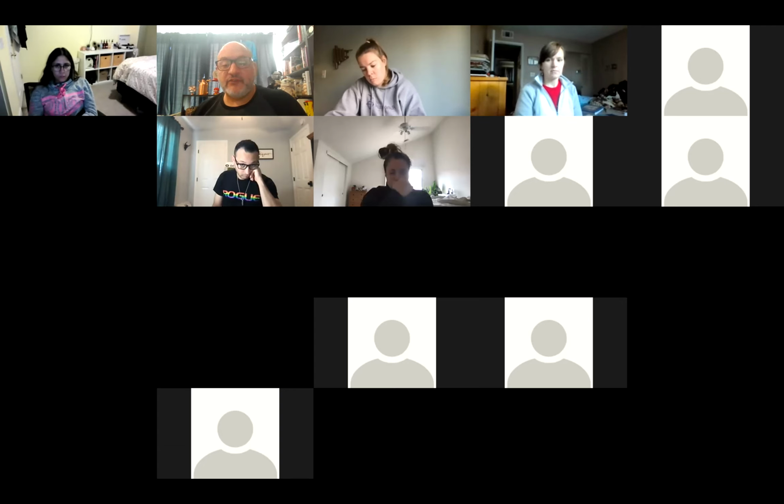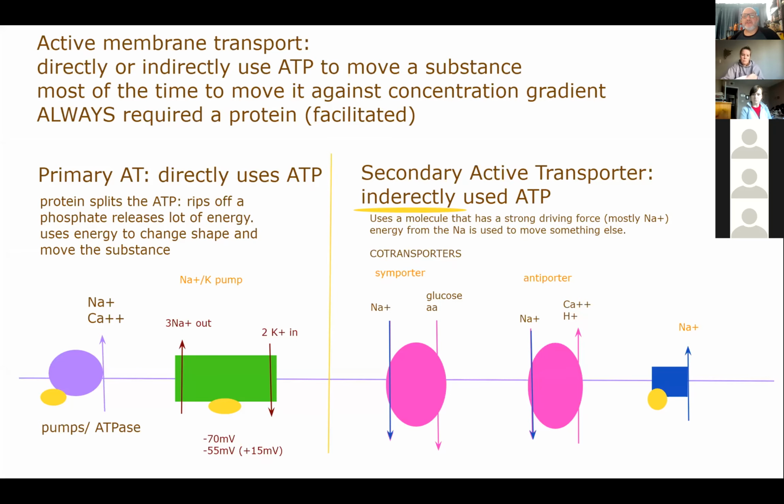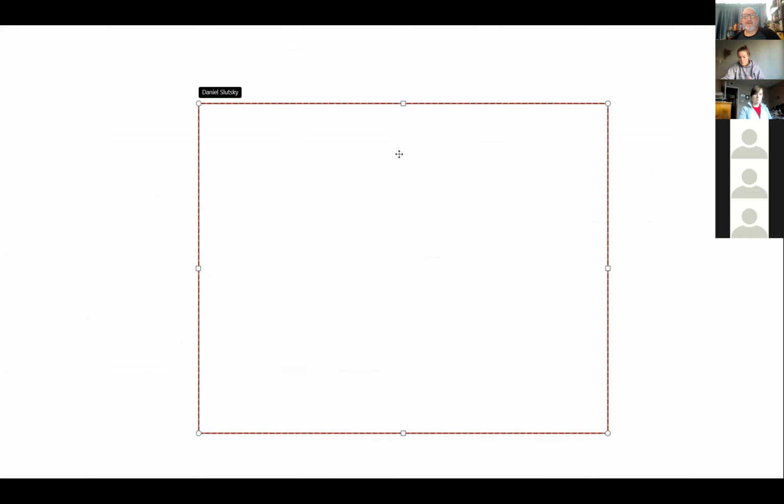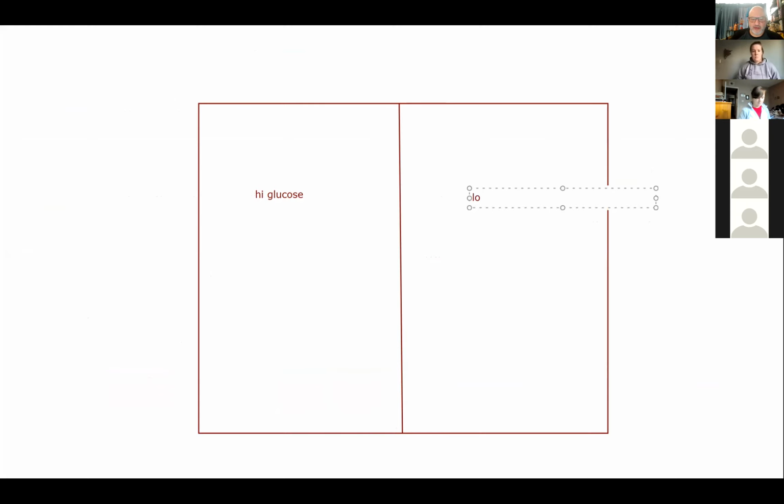So okay, excellent. You have the right idea, but I can go ahead and erase this. No, it's a great question. So in that case, what we have is a beaker with a membrane in between. And you put a high concentration of glucose on one side, and a low concentration of glucose on the other side.